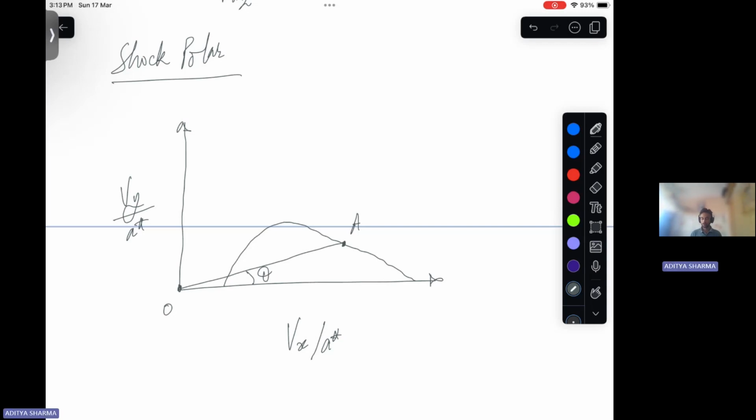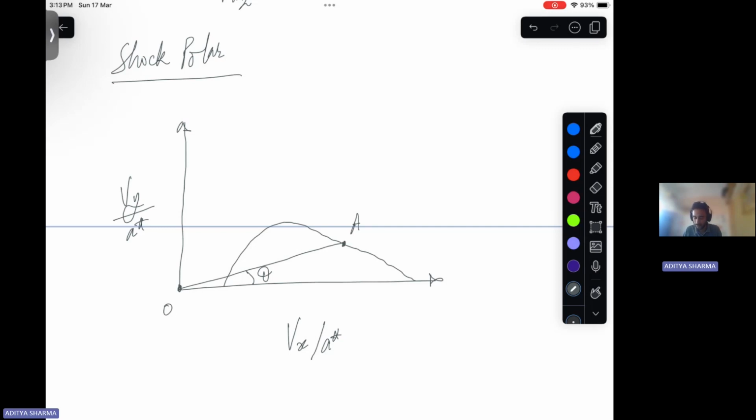Now, if you curve more, you see there is some maximum theta value, because earlier it has come across to us that theta has some maximum value for a given Mach number. For some Mach number, there is a linked theta max.